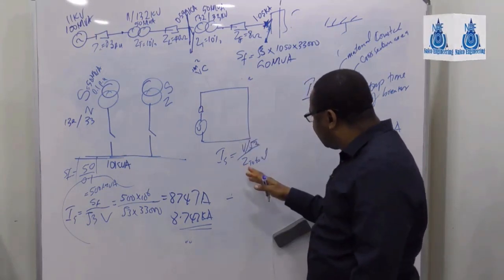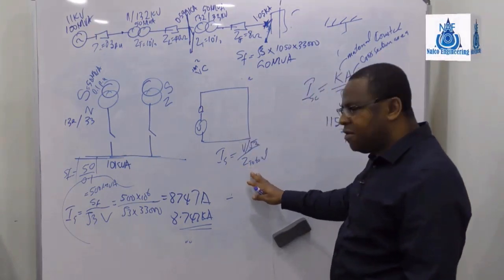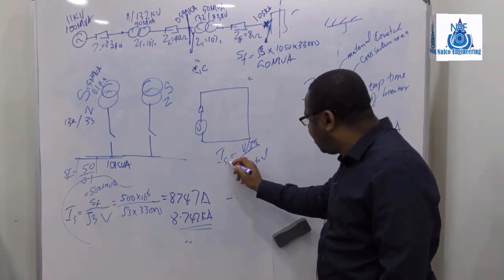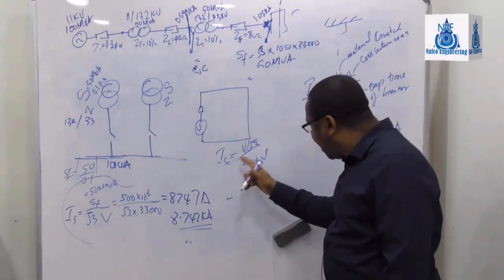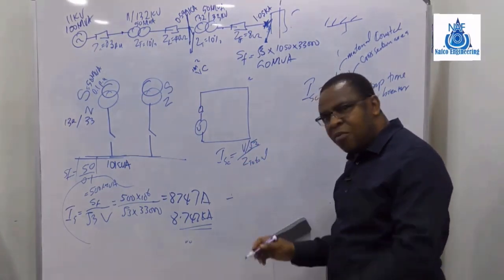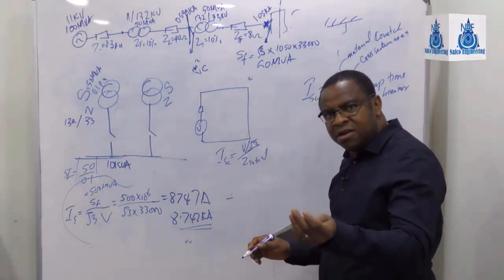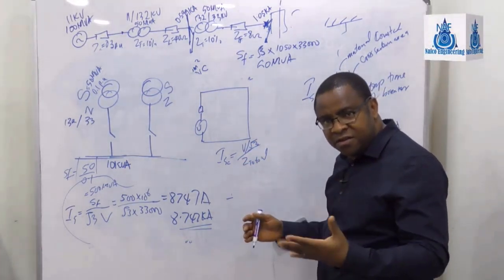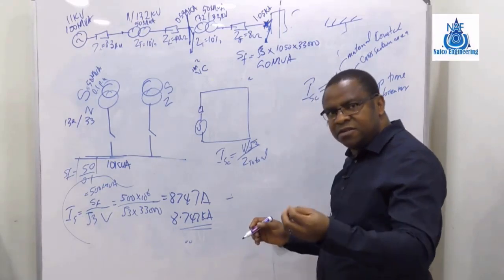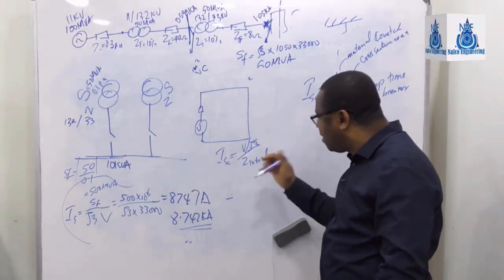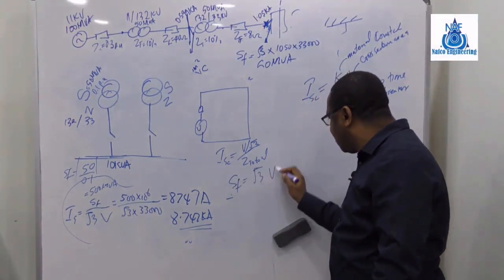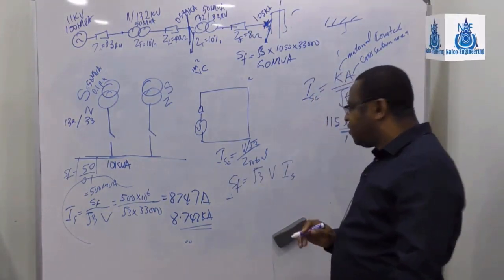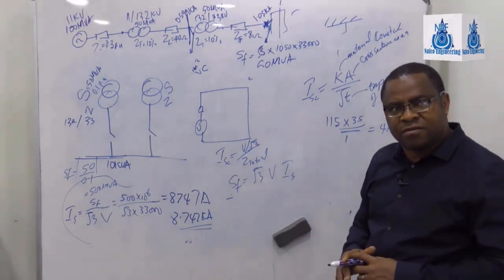Divided by Z, right? So that is your I short circuit. And also, if I take this and multiply by √3 for a three-phase voltage times voltage, then I will get the fault level. For a three-phase, √3 V I short circuit, I will get the fault level.